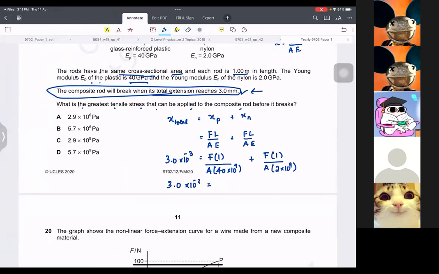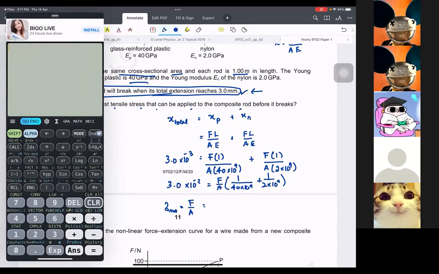Okay, if I take force and A common, so if I take this force over area common, what do you get? 1 upon 40 times 10 raised to 9 plus 1 upon 2 times 10 raised to 9, like this, you see. Now I can find just force over area, which is the maximum stress we want to find. So I need to divide all of this by 3.